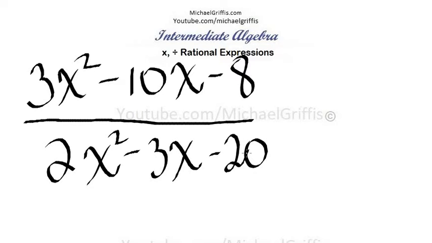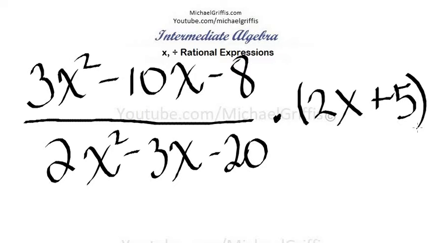What is this one here? Did we already do a division one? I think we did. We did one division one, but the only thing about division is you just flip it and make it multiplication. So times 2x plus 5.